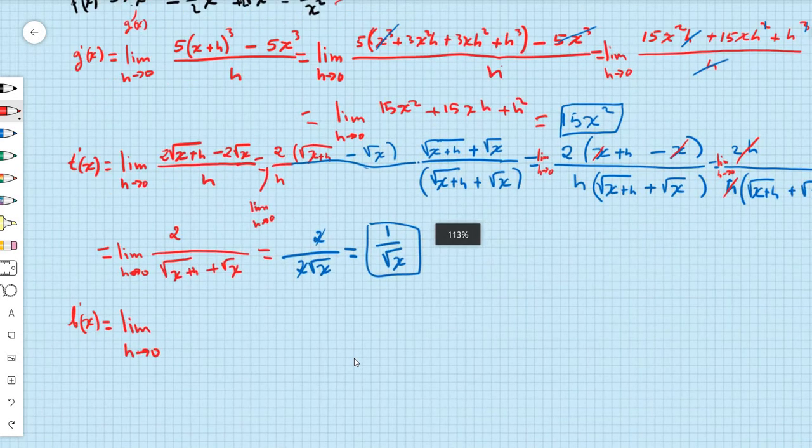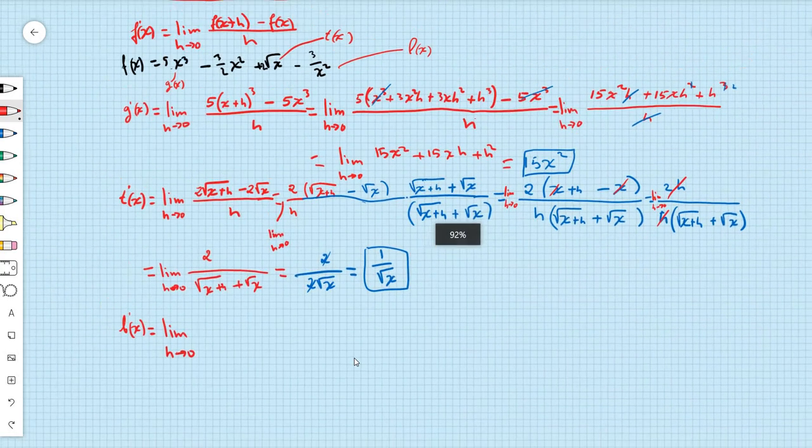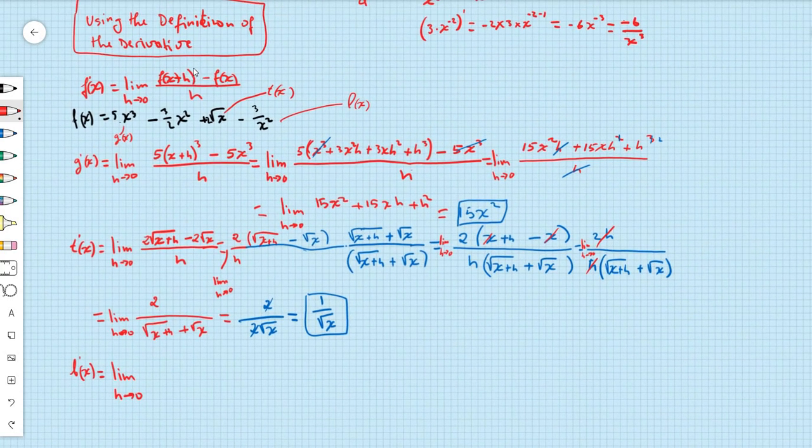Remember, we have that formula. So the first term is what? The first term is f of x plus h. So we'll replace everywhere we see x by x plus h.